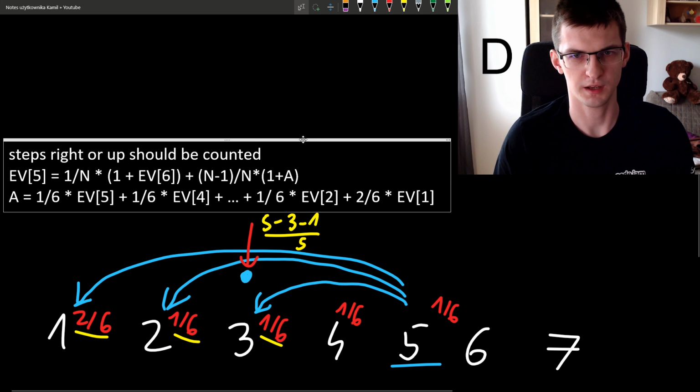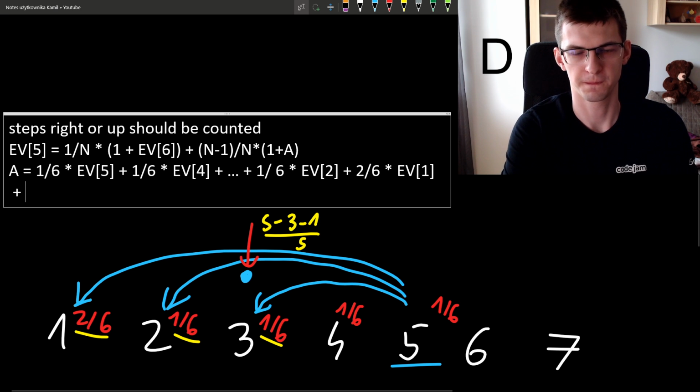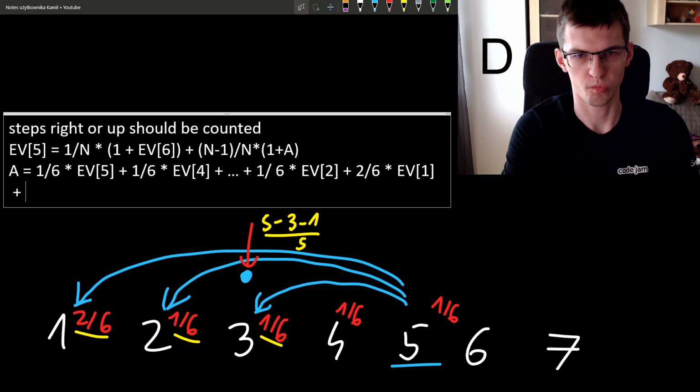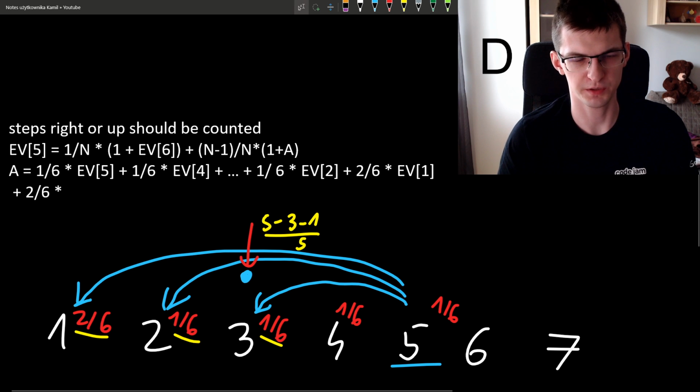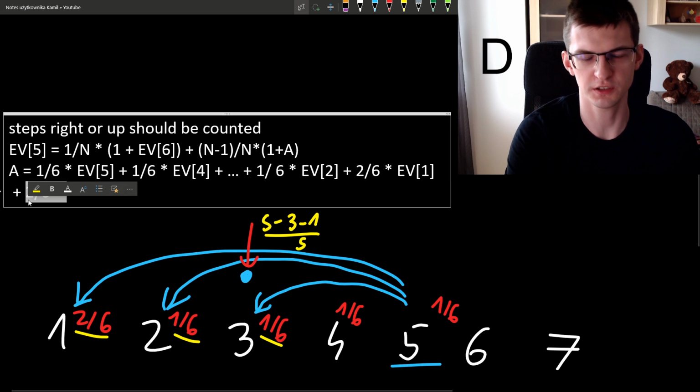I guess plus, with probability 2/6, I get some repetitions over here. Maybe what it is for 3.